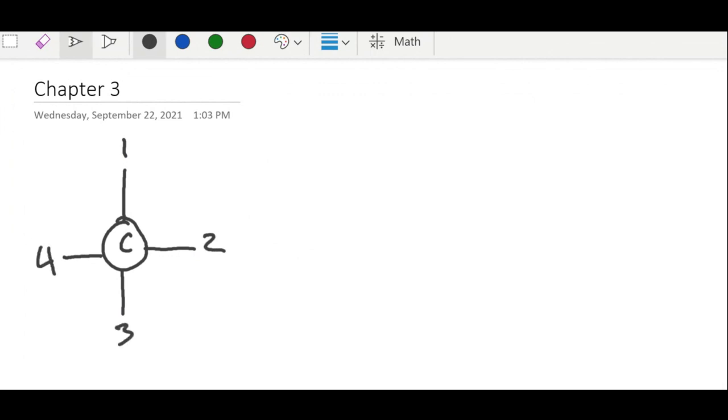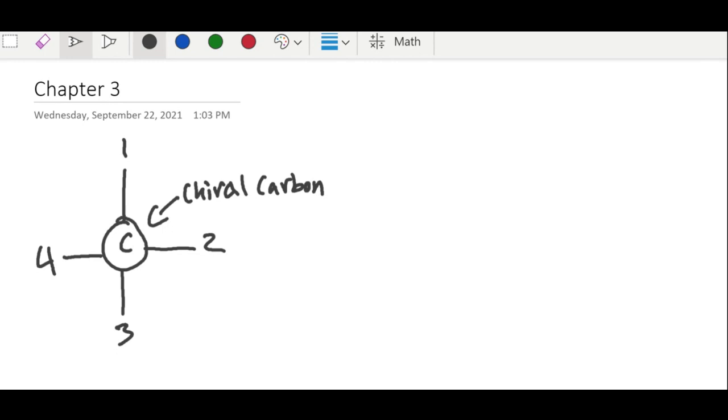This is again a chiral carbon. Most of chirality, if not all, is gonna deal with carbons. I haven't dealt with an atom that's chiral other than carbon, so don't worry about any other atom, because carbon is usually the one that has 4 bonds.